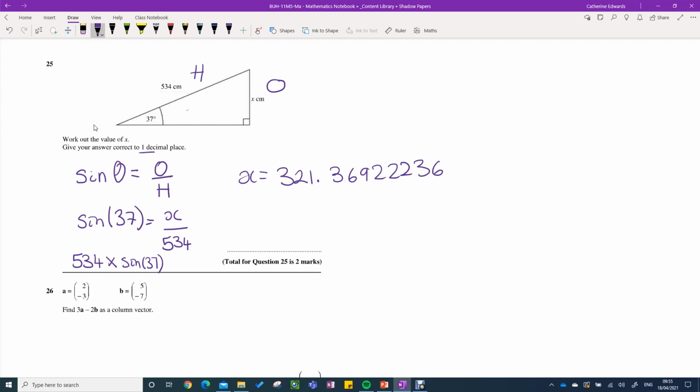The answer has to be correct to one decimal place. When you've got a question like this, it's always a good idea to write down your whole calculator answer and then underneath do the rounding. So 321.4.